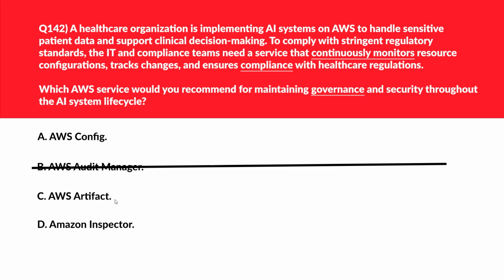Artifact provides access to AWS compliance reports and agreements, not continuous monitoring or tracking configurations, which is what is required by the question. Let's reject this. Let's move to option D. D says Amazon Inspector. So Inspector is associated with EC2. If we read the question, there is no mention of EC2, and Inspector is used for security assessment and vulnerability. So we will reject this.